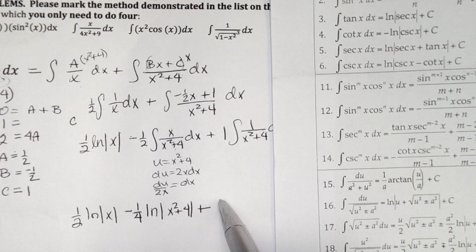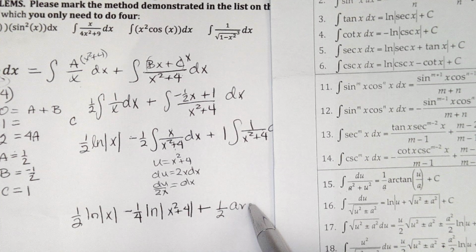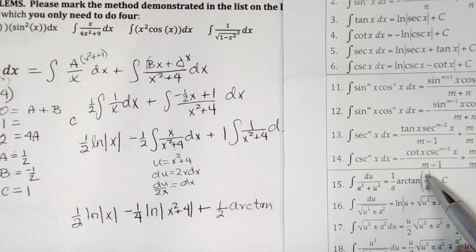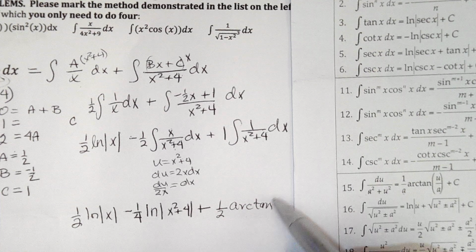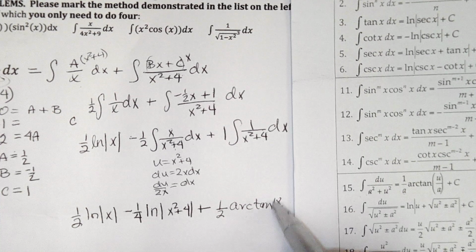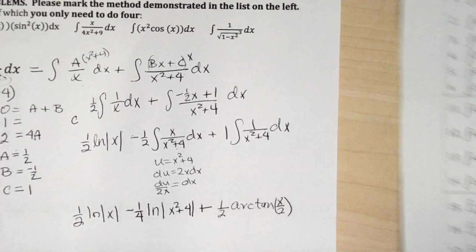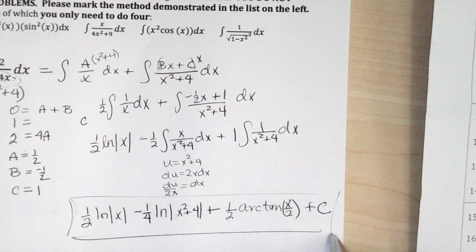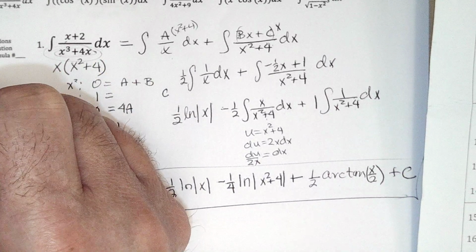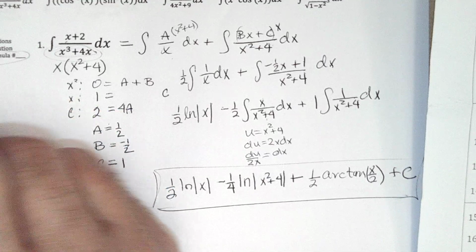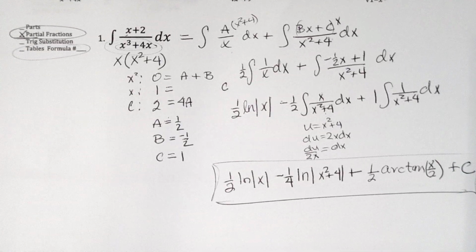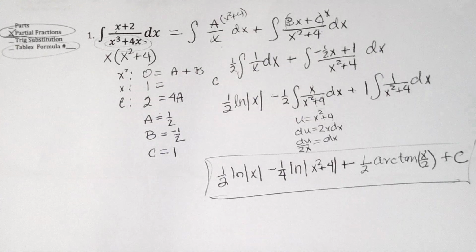So it's going to be 1 over 2 arctangent of u, which is my x, over 2, and then plus C. So in the end, I use the table. I could have let this one be that one, but I started off thinking I'm going to show partial fractions on this. And that's my solution.